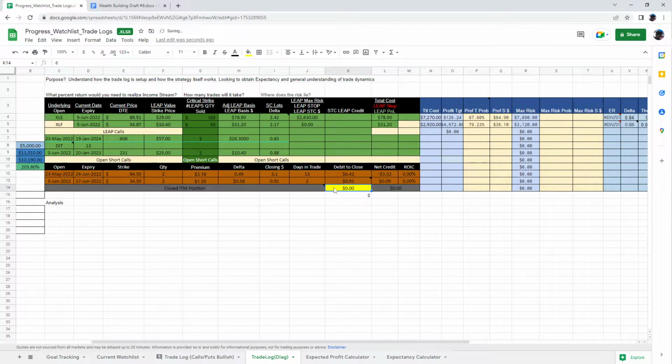I don't understand if I should put the total debit to close down here for each trade, because this debit to close here would account for this top trade up here. I'm not sure if I should total it down here so that it'll calculate up here. Because right now it's just calculating the zero.